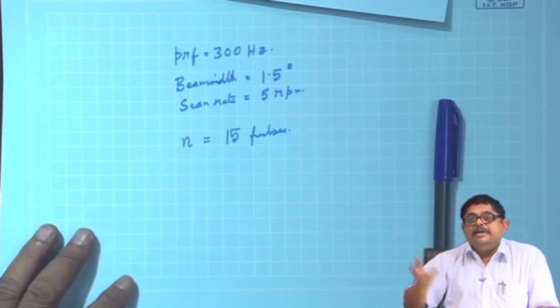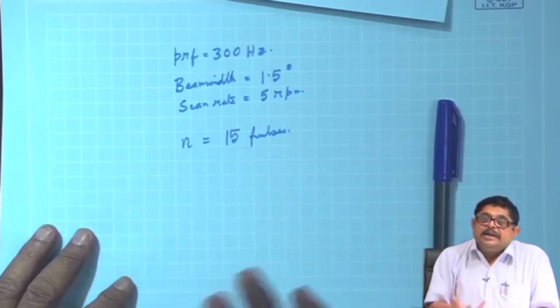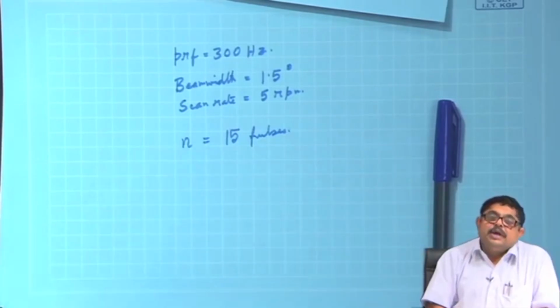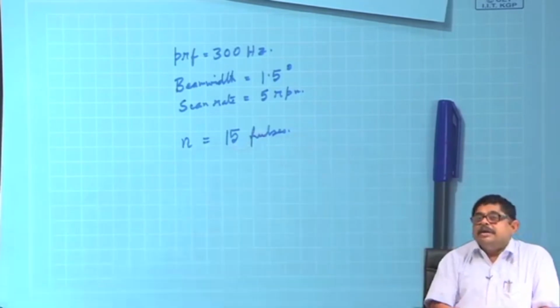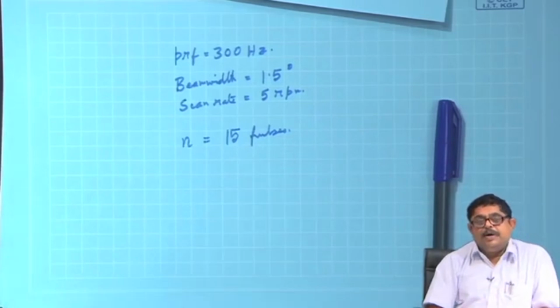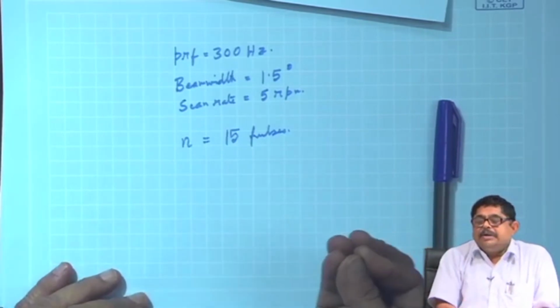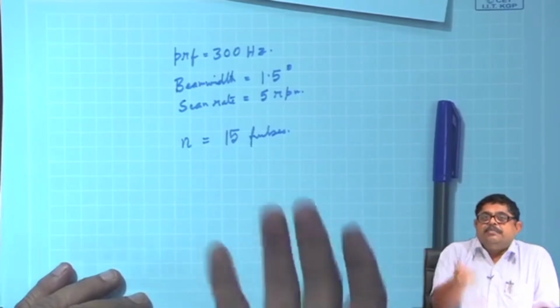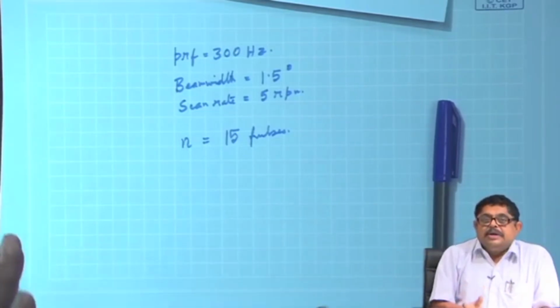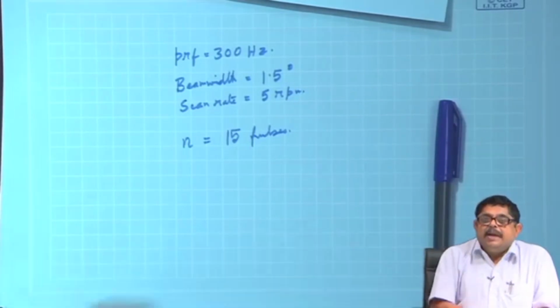I have not said that before, and we may not discuss it again later, but actually it is an added advantage that the SNR of the system also gets improved by integration. The point of doing integration is that the received signal echo power is weak. So, I am waiting for some time, getting more and more echoes, and adding them.